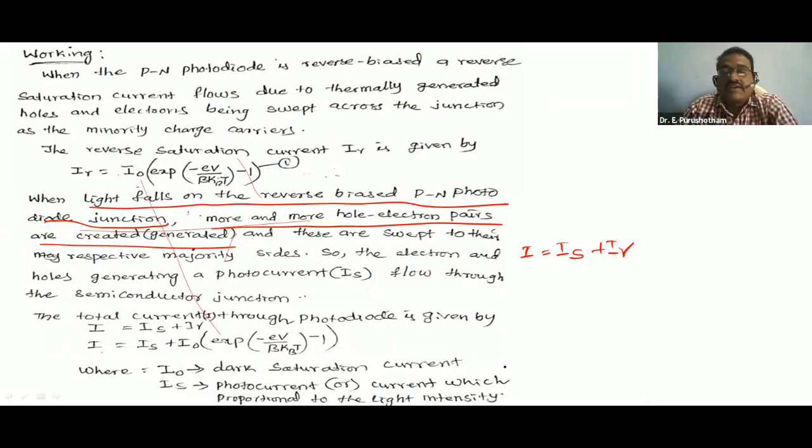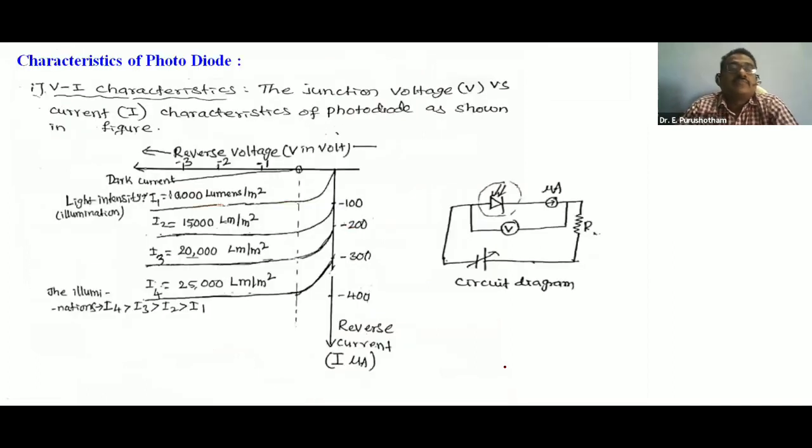Is is the photocurrent, which is proportional to the light intensity. This is the working.